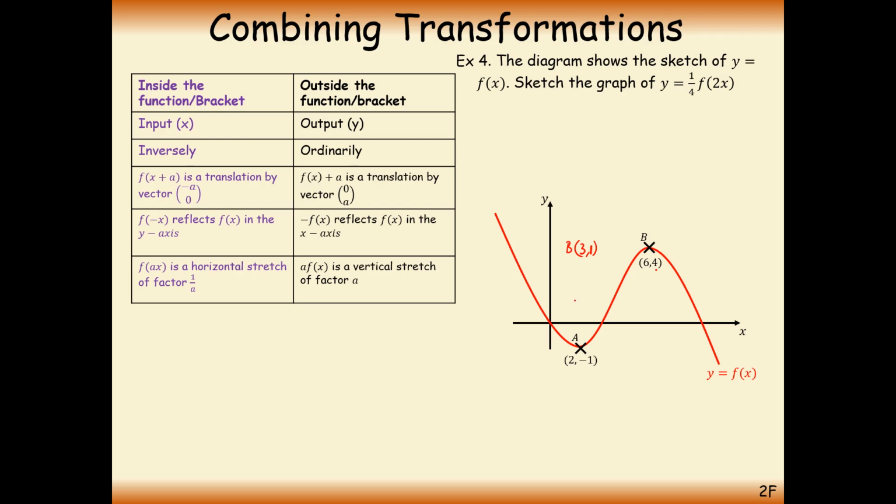So that's the coordinates of B, and coordinates of A, once again, the x value will be halved, so become a 1, and the y value will be times by a quarter ordinarily. So the new values of A will be 1, a negative quarter, and the new coordinates of B will be 3, 1. So let's see.